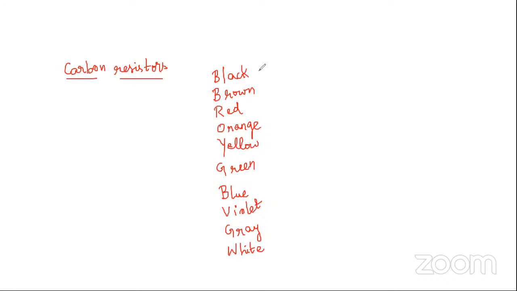So 0, 1, 2, 3, 4, 5, 6, 7, 8, and 9. You have to remember this order, and it will be useful for you to find out the resistance of a carbon resistor. For a carbon resistor, you have to remember this order, and then find out the resistance value.